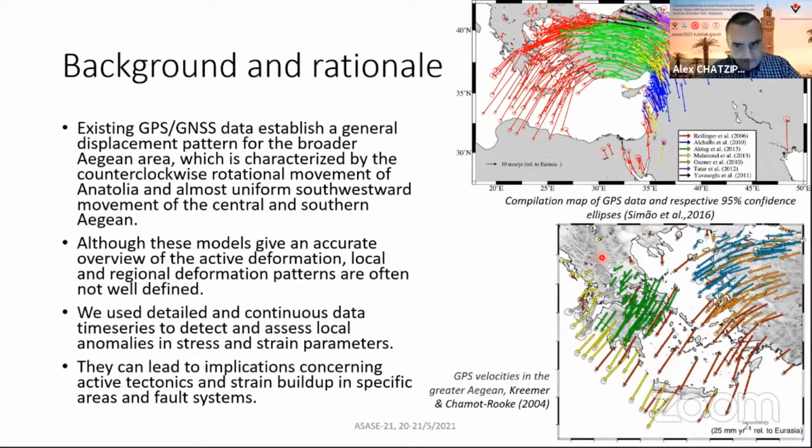So in this work, we try to dig into the data and find information, at least about strain parameters that can describe the ongoing actual deformation, not always expressed as displacement, but it can be expressed as deformation.